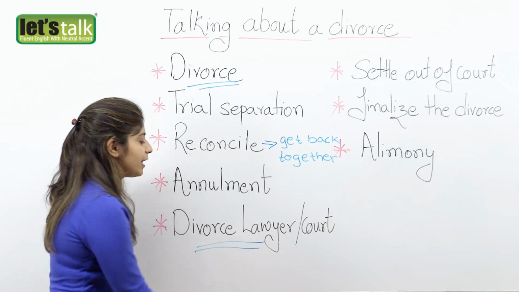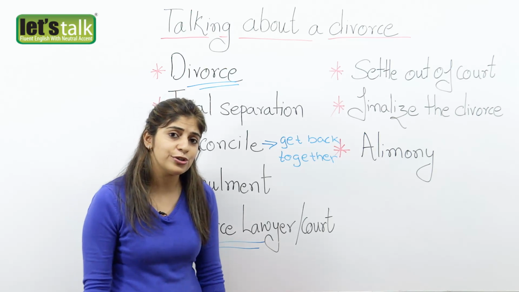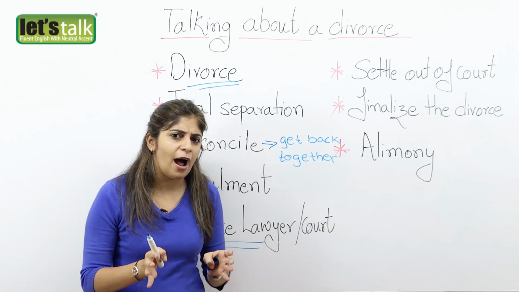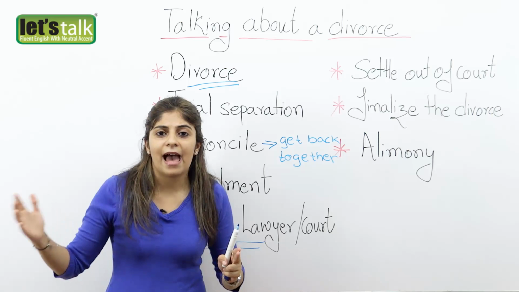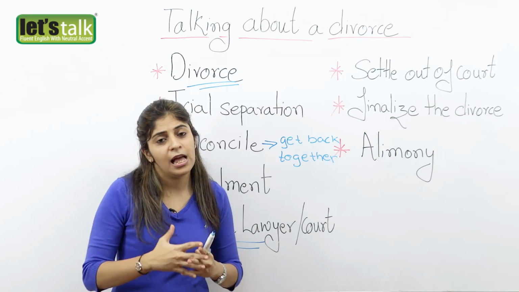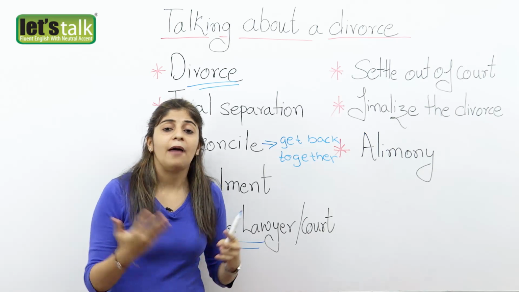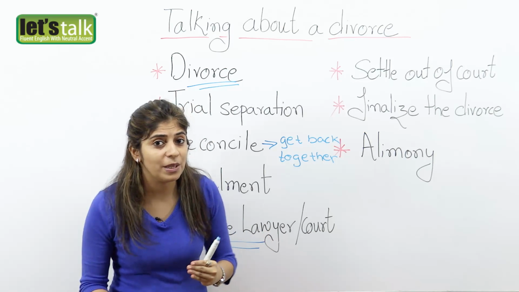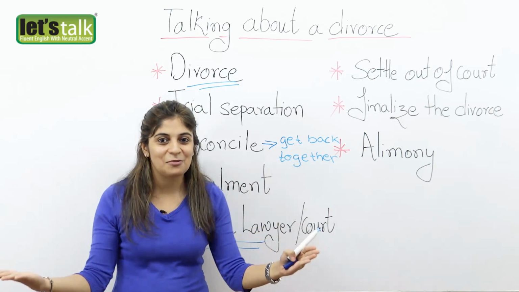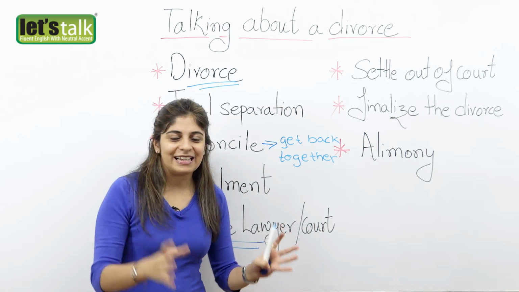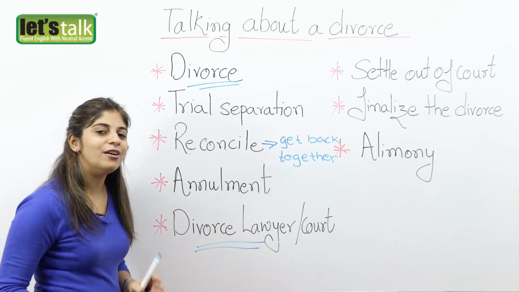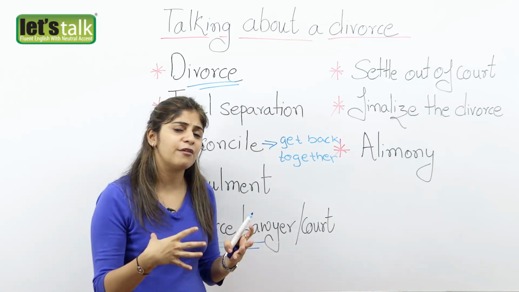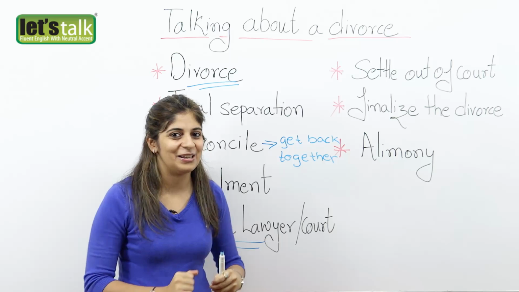Individually, they would have their divorce lawyers who would figure out how they're going to divide their assets. As a couple, I'm sure they would have a house, a lot of money would be involved. So that has to be divided, isn't it? That's the work of a divorce lawyer, who will figure out how it's going to be divided.